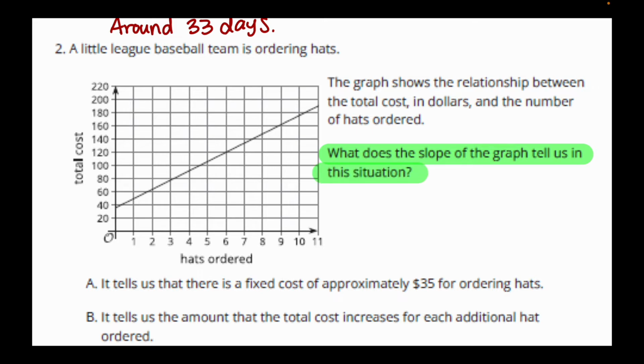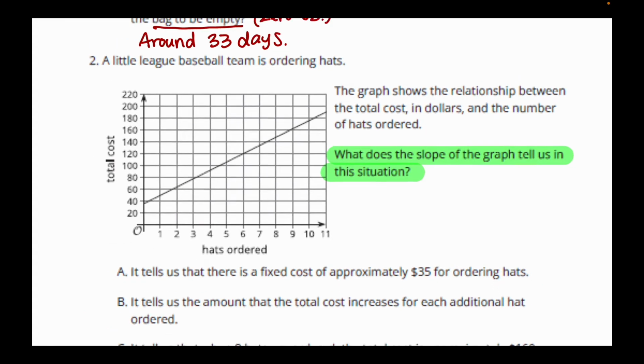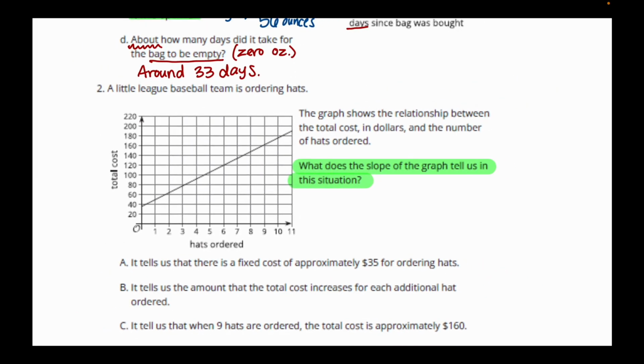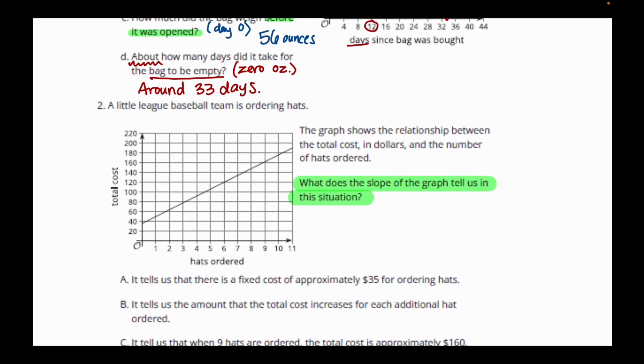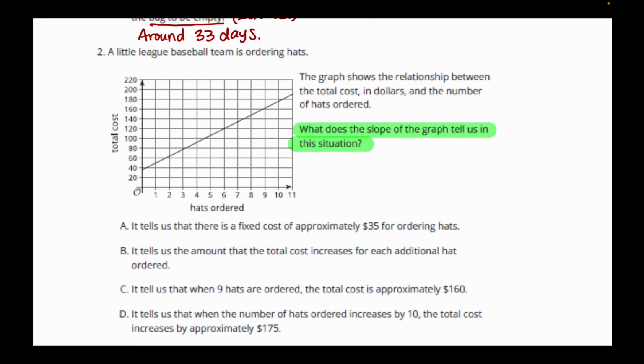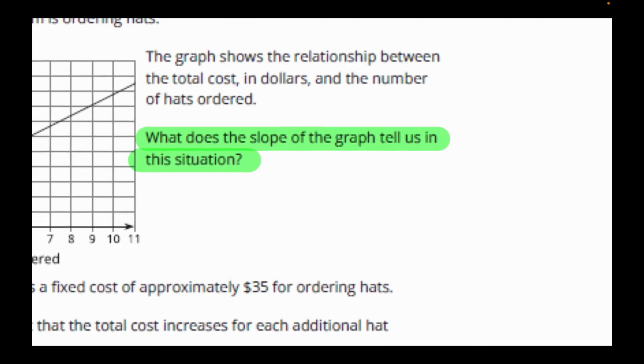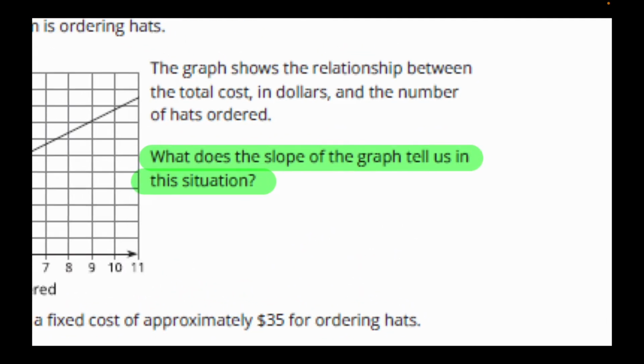So they didn't have this labeled as like A, B, C, or D. So we are going to answer this still right underneath it. And then, actually, I'm sorry, I was misinterpreting A, B, C, and D as parts or options, but this is multiple choice. So what does the slope of the graph tell us? Well, before I go analyzing my slope, we're going to look at where things are at on the graph.